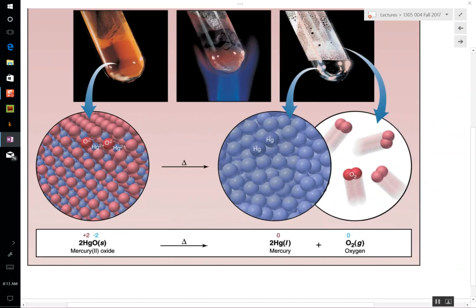How do we know that? Well, we only got one reactant right here, and it's creating two things. Two new things are the products from one reactant. So this reactant is decomposing into its elements, mercury and oxygen.